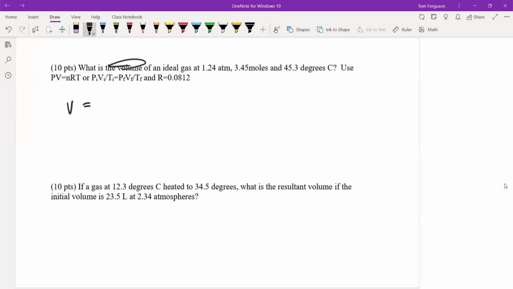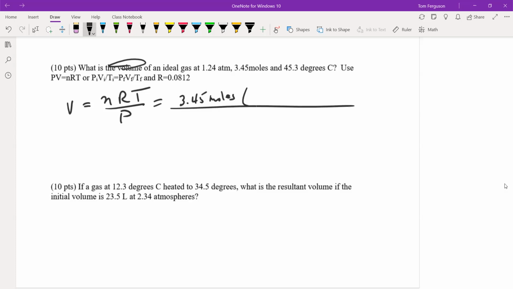Solving for V, that's the same as nRT over P. All right, number of moles is 345. R is 0.0821, T is 45.3 plus 273.